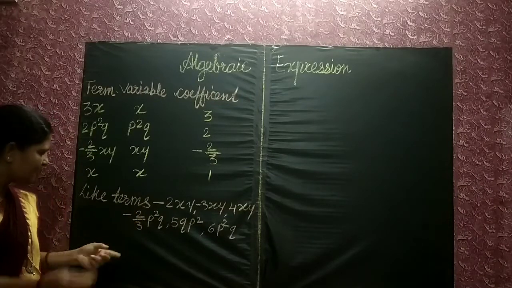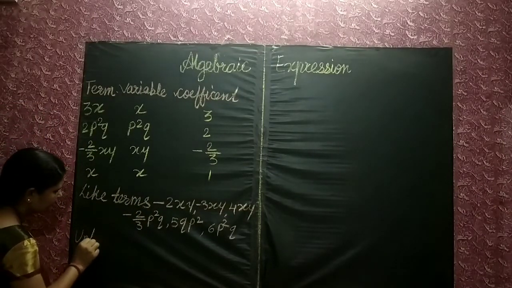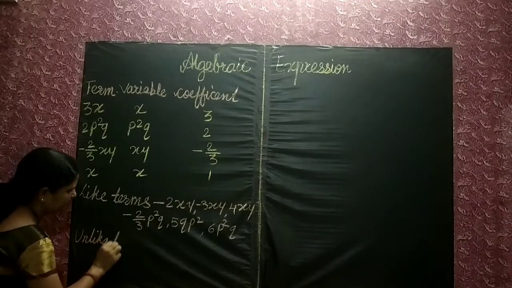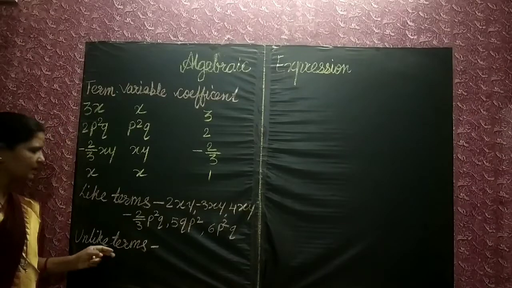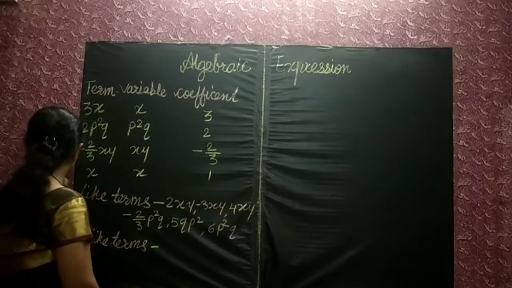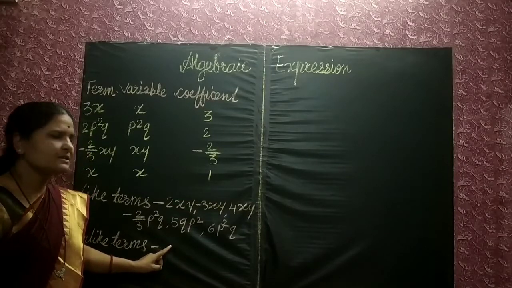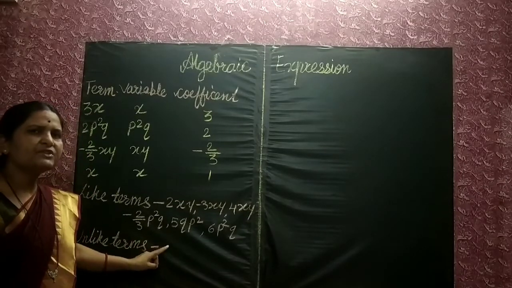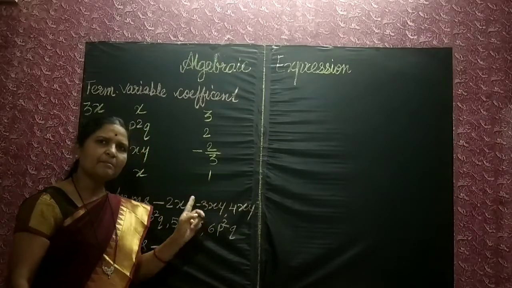Okay, got it? Now next are the unlike terms. Unlike terms means what? The terms which do not have the same variables and powers.